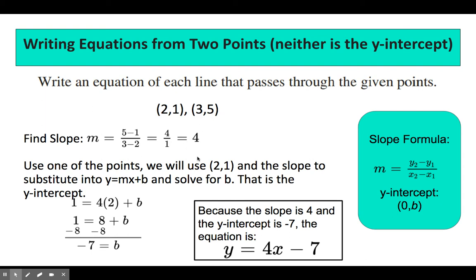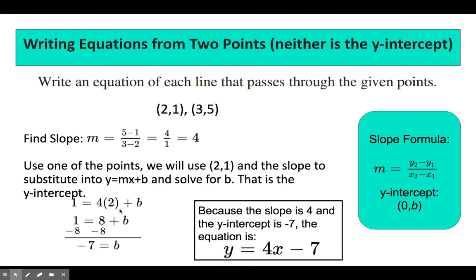So they found their slope is 4, and then they're going to use one of the points to plug into the equation. They substitute that point in and say, all right, my y-coordinate is 1. That goes there. My x-coordinate is 2. From that point, they can figure out where this line crosses the y-axis by solving so that the equation is true.